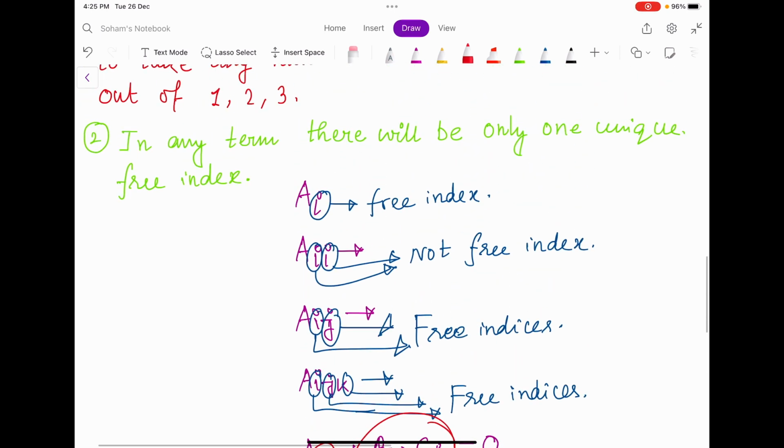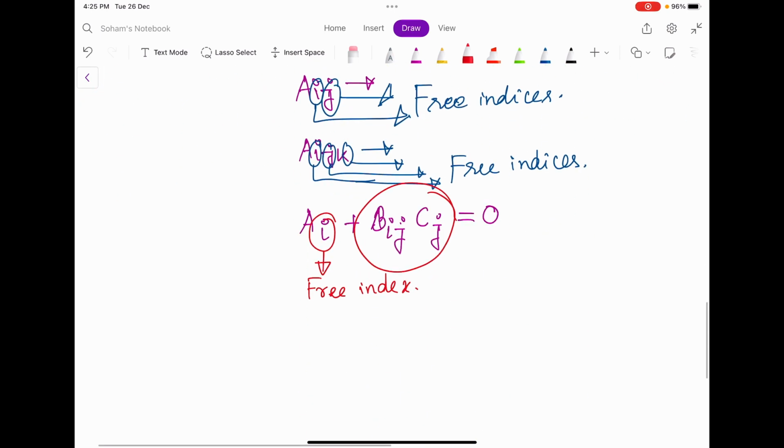I have used this word term, and term means if I write x square plus 3xy plus 4 e to the power z, then all of these are terms, that is, each entity or number or parameter is multiplied or divided with each other.